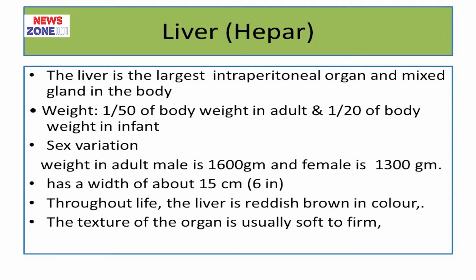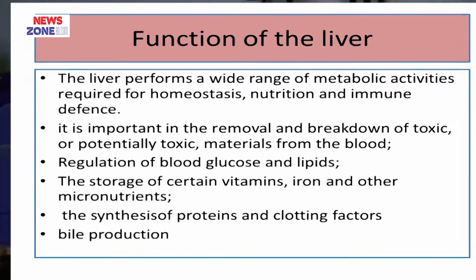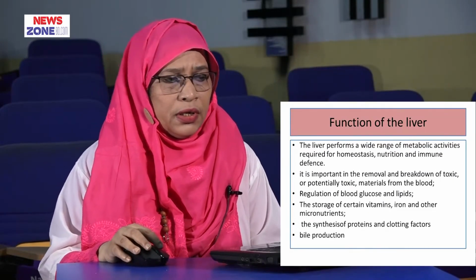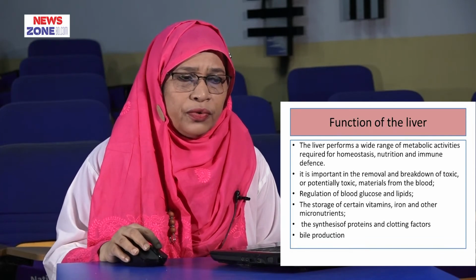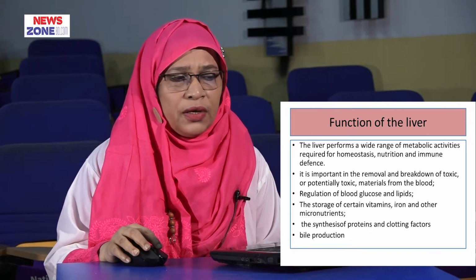The texture of the liver, that is the consistency of the parenchyma, is soft to firm. Now the function of the liver. The liver performs a wide range of metabolic activities required for hemostasis, nutrition and immune defense, and it is important for the removal and breakdown of toxic and partially toxic materials from the blood.